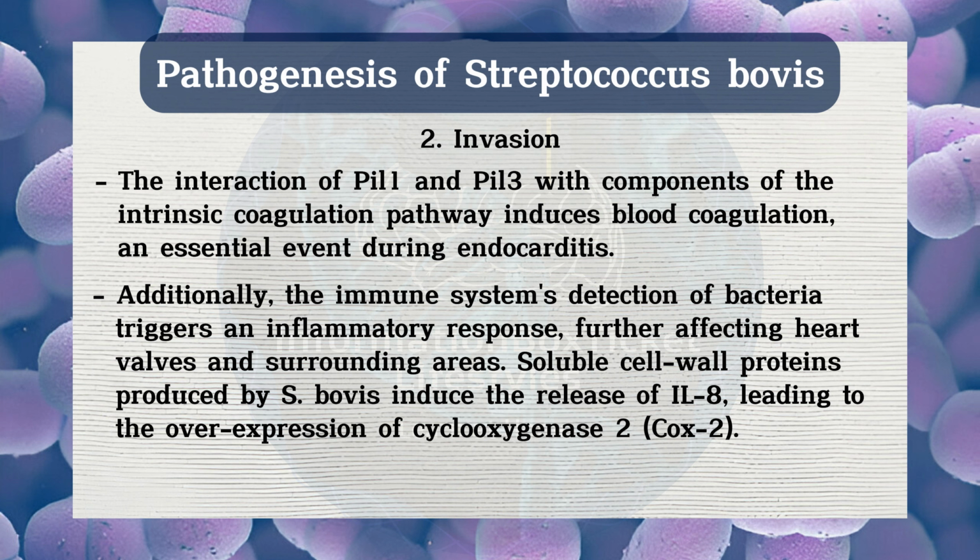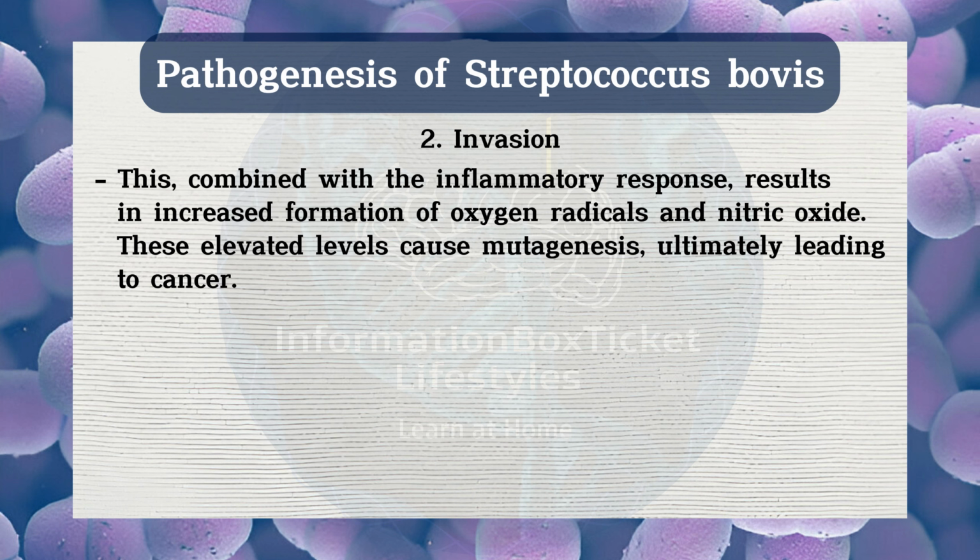Soluble cell wall proteins produced by S. bovis induce the release of IL-8, leading to the overexpression of cyclooxygenase 2, COX-2. This, combined with the inflammatory response, results in increased formation of oxygen radicals and nitric oxide. These elevated levels cause mutagenesis, ultimately leading to cancer.